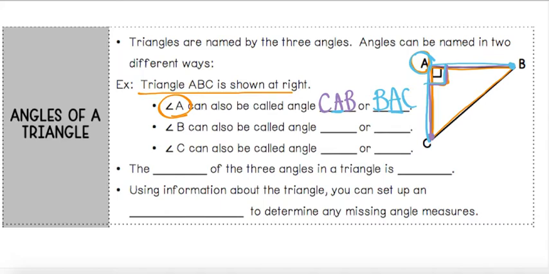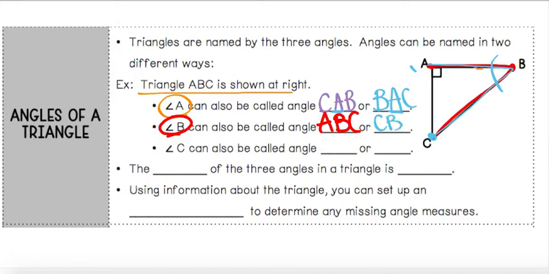All right, I'm going to erase this now. And now I want to look at angle B. Now if I want to know angle B, I start on one of its legs. ABC is one of the ways we can name it, but also I could start at C and do CBA. Again, both of them will give me the angle where B is located.